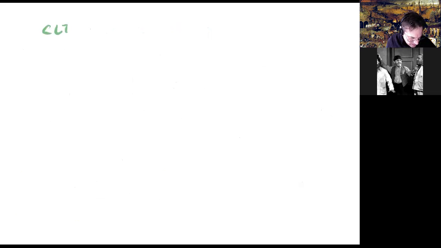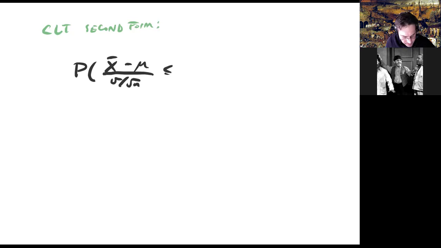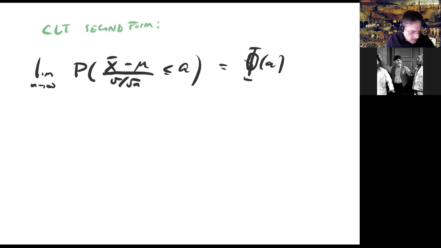The CLT second form says that if we look at the probability of x bar minus mu over sigma divided by the square root of n being less than or equal to a, that's the distribution function of this random variable, then in the limit as n goes to infinity it is equal to phi of a, the standard normal, and therefore we get an approximation.